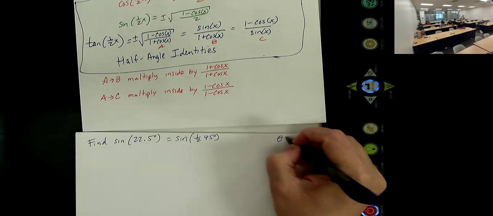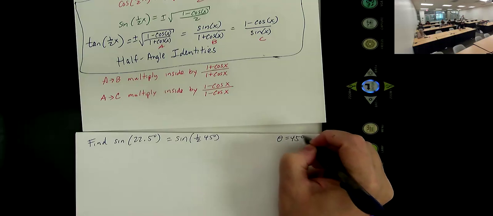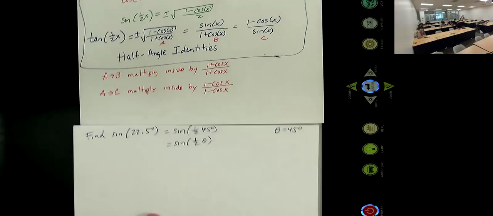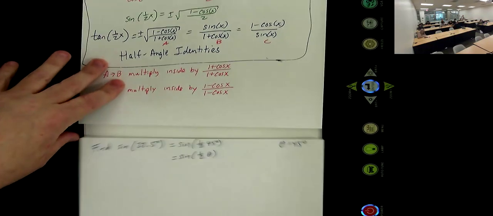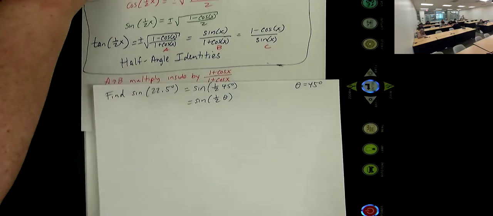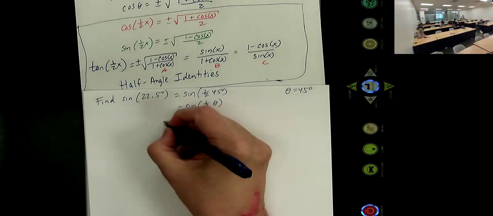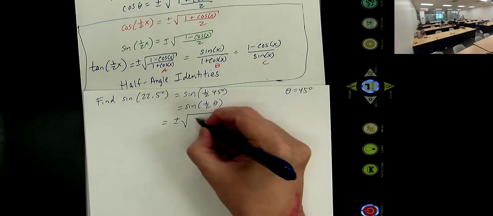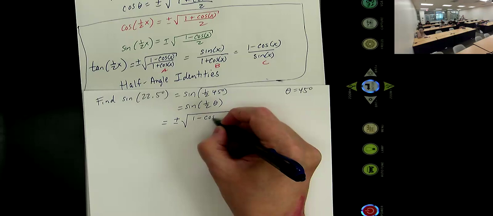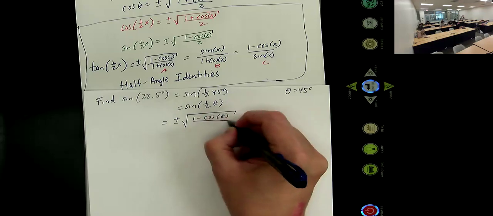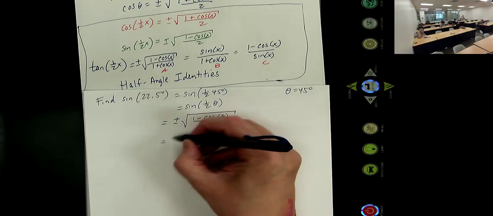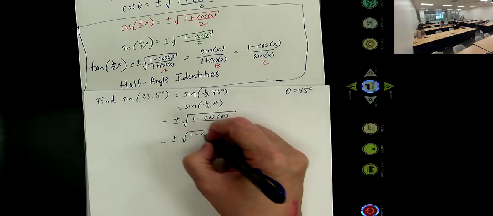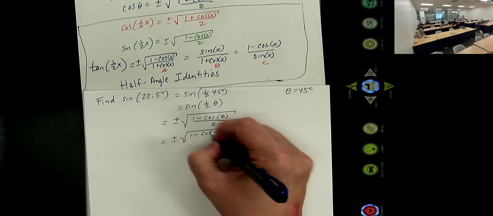So if I say theta equals 45 degrees, this is sine of 1/2 theta. And we have the sine of 1/2 theta form up there. This equals plus or minus the square root of 1 minus cosine theta over 2, which is plus or minus the square root of 1 minus cosine of 45 over 2.